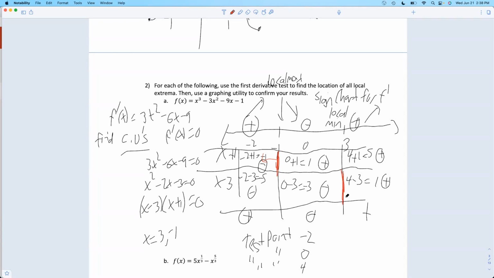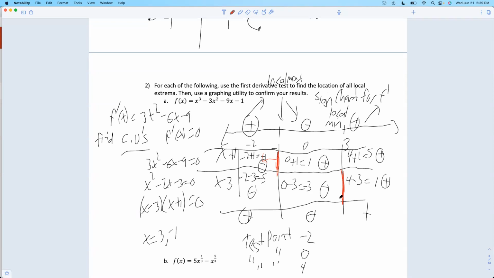That's what's going to happen on every one of these. The factor, as long as it's to the first power, is going to switch over at the guy that makes him 0. 3 minus 3 is 0. His root is where he switches. He's always going to be negative before that and positive after, or vice versa.